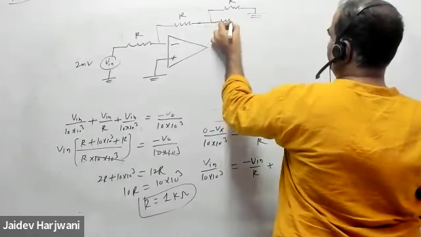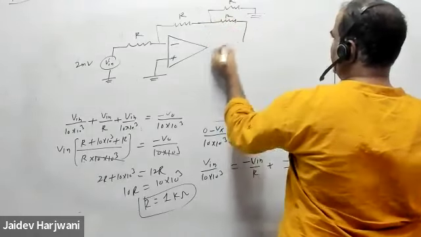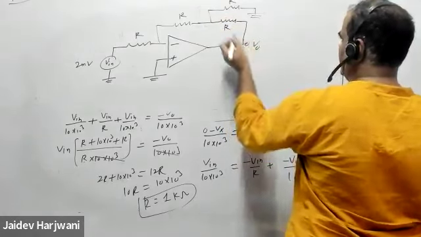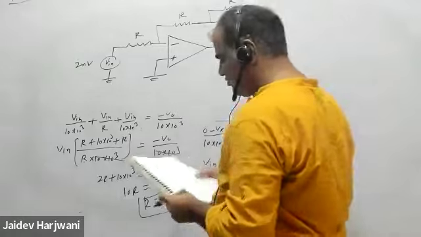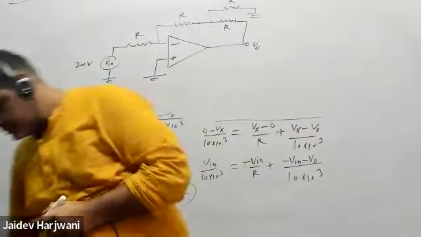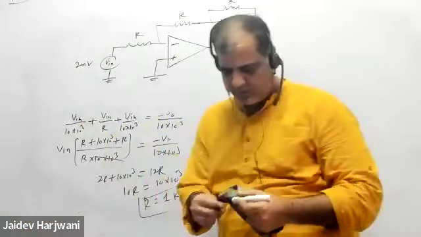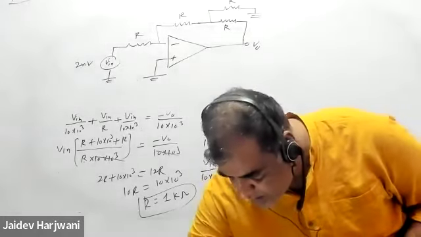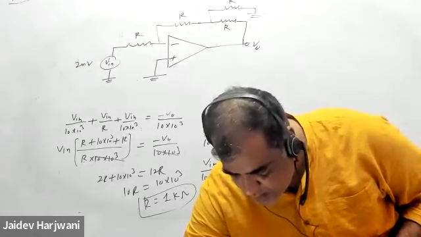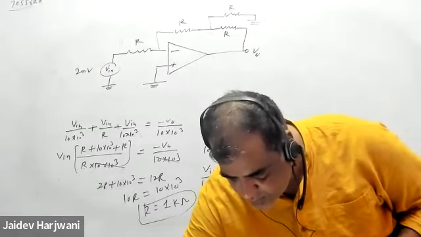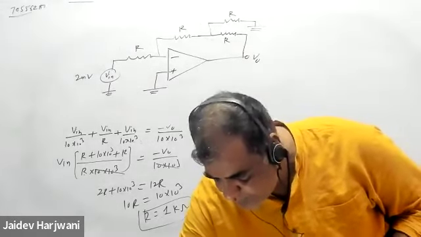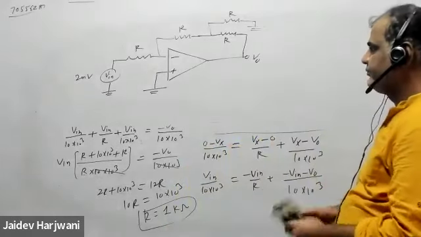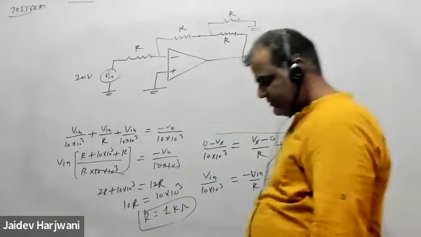And here one more resistance R, which is directly coming to the V naught. Solve this problem. Tell me what is the value of V naught now. Exactly same problem. Solve this problem.